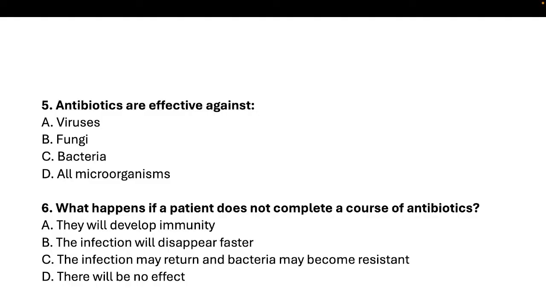So a lot of the times these doctors give out antibiotics unnecessarily. What happens with that is that over time the bacteria become resistant to these antibiotics. So when you're trying to treat them in the future, the likelihood of these antibiotics working is very minimal.